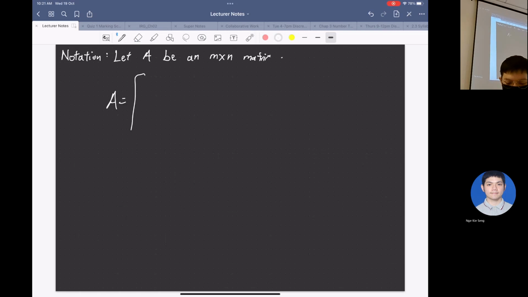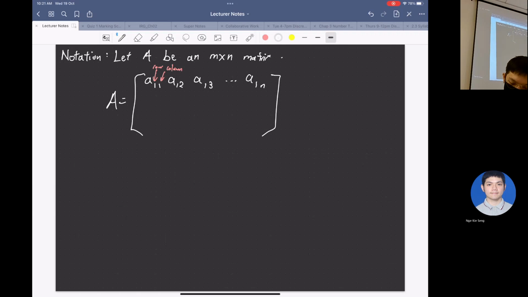You label each entry of your matrix as Aij. So you have A11, A12, A13, and then A1n. The first index is for your row, and the second one is for your column.